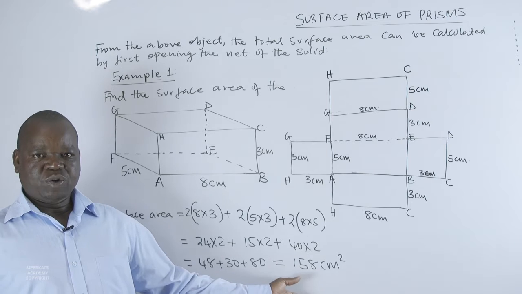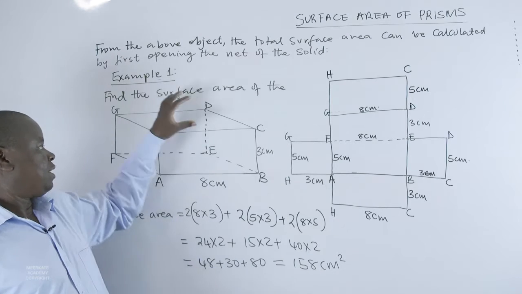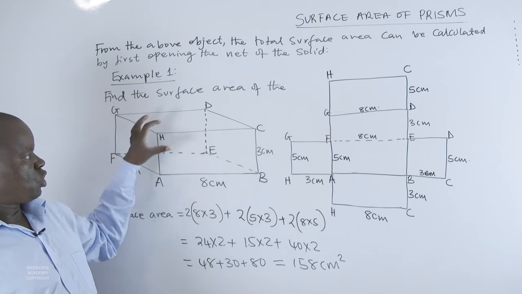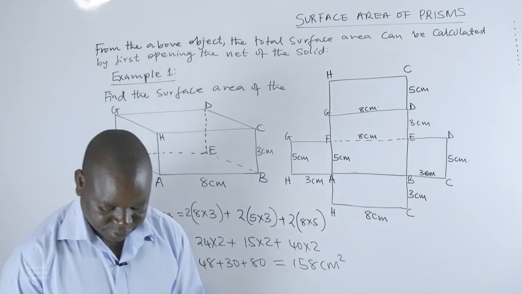So you get the area as 158 centimeters square. That is the total surface area of this particular solid cuboid.